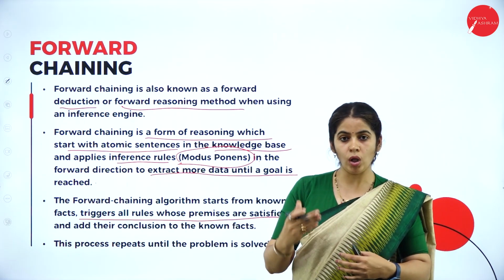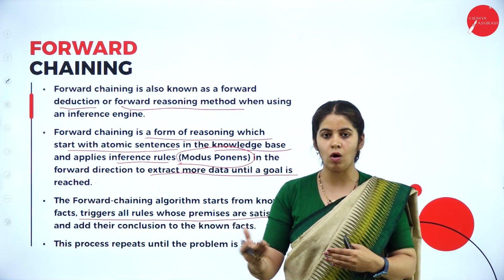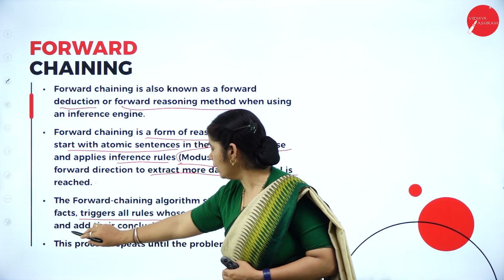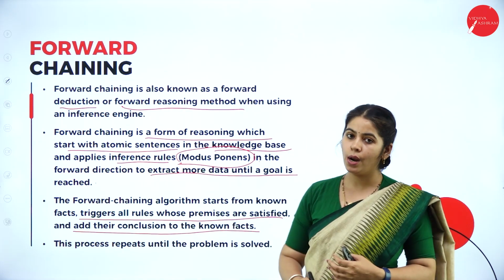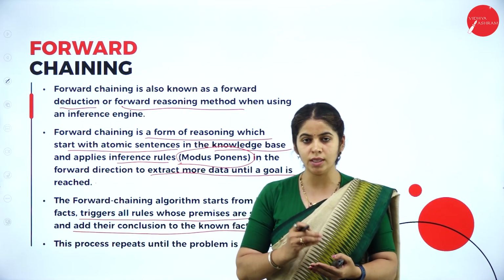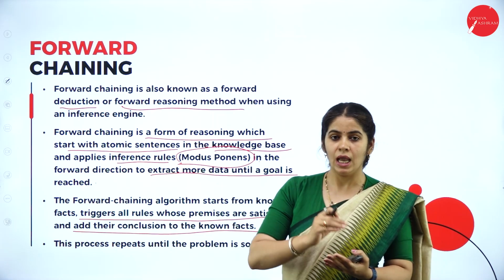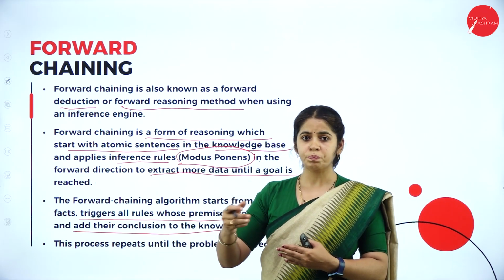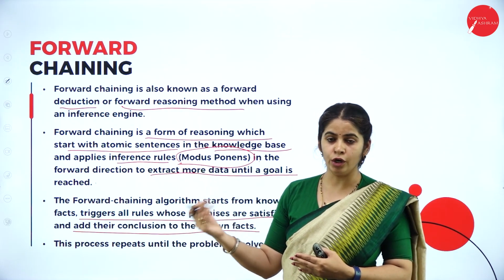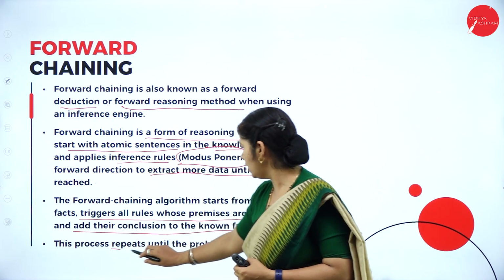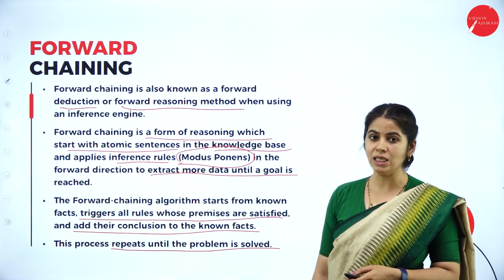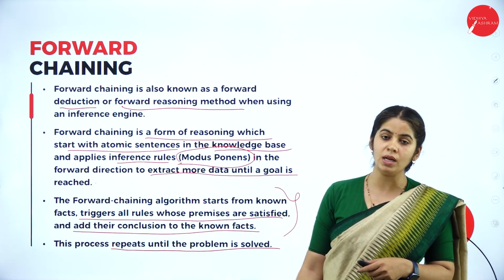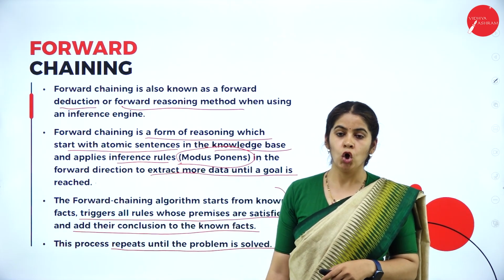It will take all the rules, study them, make the implication and add their conclusion to the known facts. Whatever conclusion comes from the statements will be added to the knowledge base again to increase it. This process repeats until the problem is solved, that is, until we reach the goal.